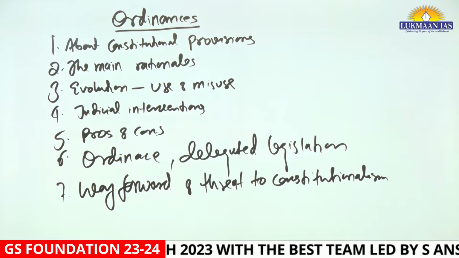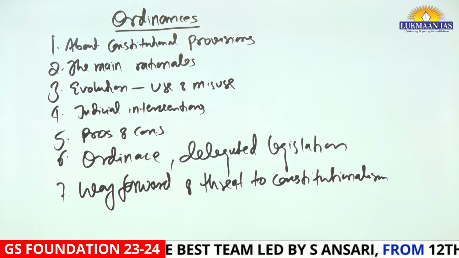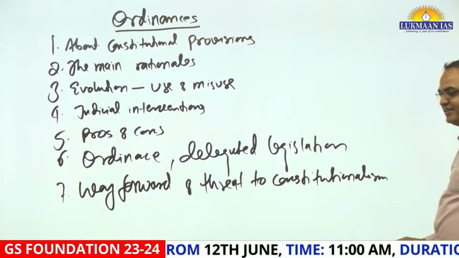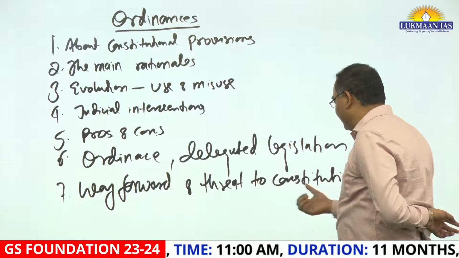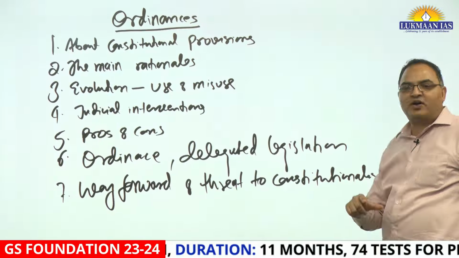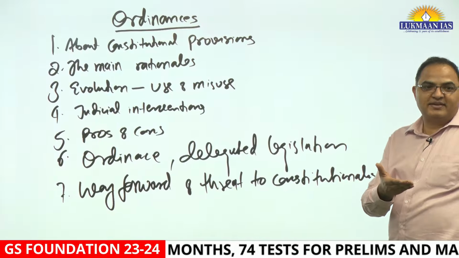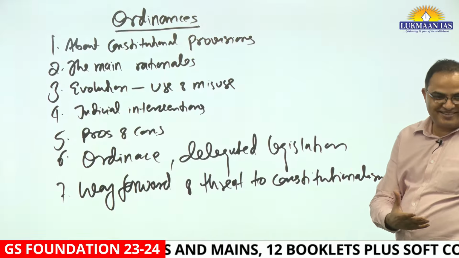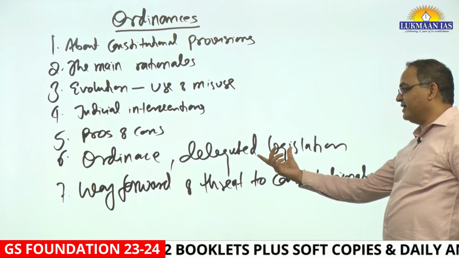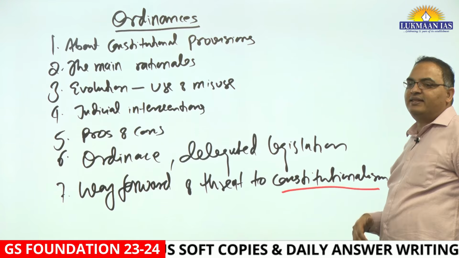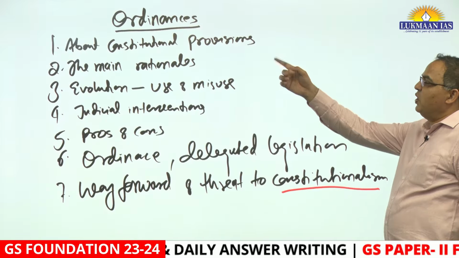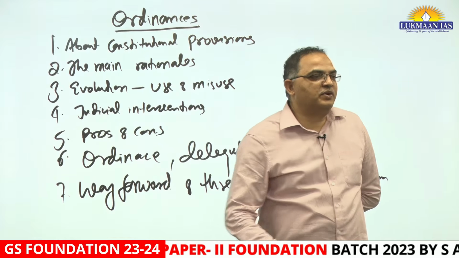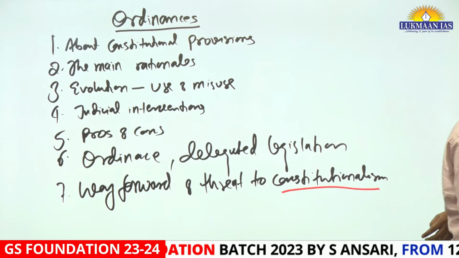Anyhow, if at all they ask in public administration, since they are not mentioned in GS, see the paradox. In GS, it is not a topic. Delegated legislation and constitutionalism, although we are expecting a question there, you cannot be so confident. But there can be a possibility of asking about ordinance by linking it with constitutionalism, because there is a very obvious link on the negative side.